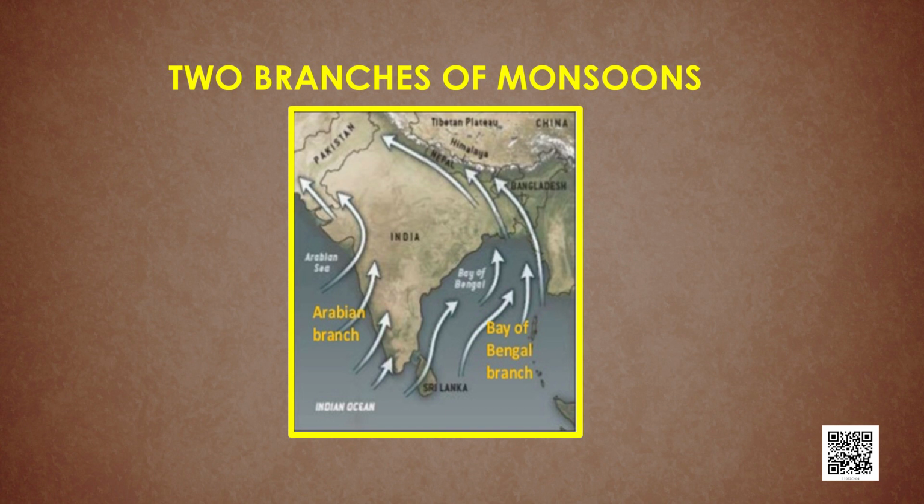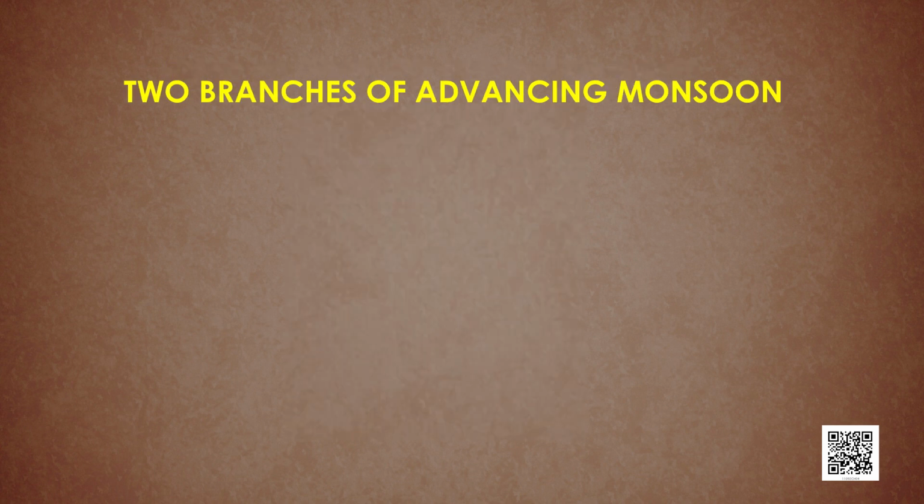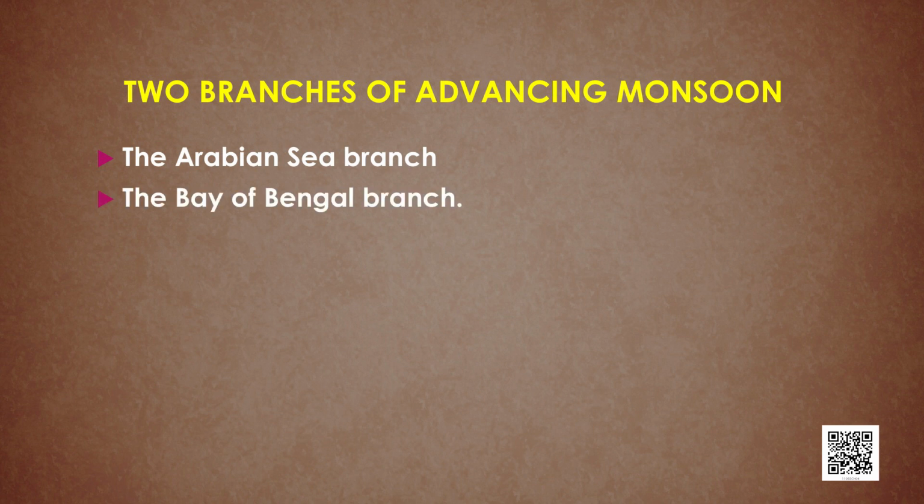Now, let us talk about the two branches of the advancing monsoon season, namely the Arabian Sea branch and the Bay of Bengal branch. The Arabian Sea branch, which originates over the Arabian Sea, also splits into two branches, especially in the southern part, and a third branch towards northern India.